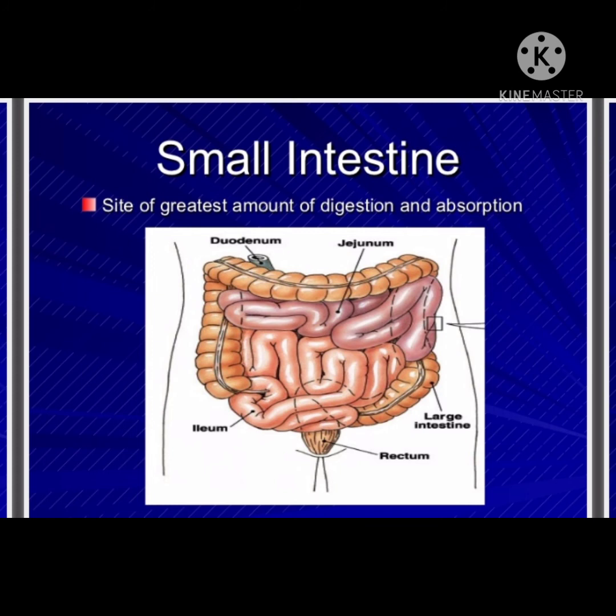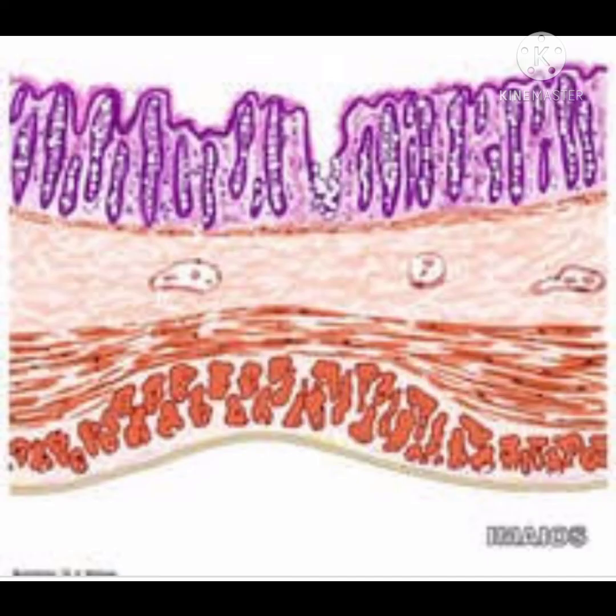Then this partly digested food enters into the last part of the small intestine for final digestion. This is by the action of the intestinal juice, from the 5th gland, the intestinal glands, which secrete the juice called intestinal juice or succus entericus.